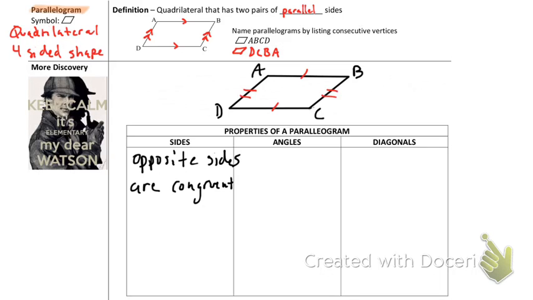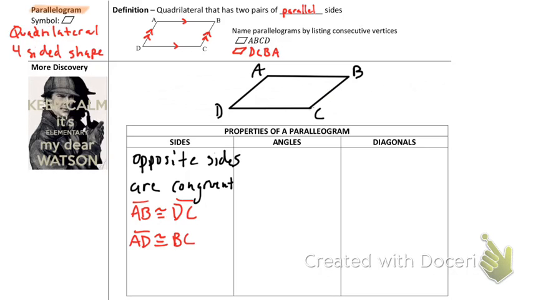If I write that down, it looks something like this: AB is congruent to DC and AD is congruent to BC.